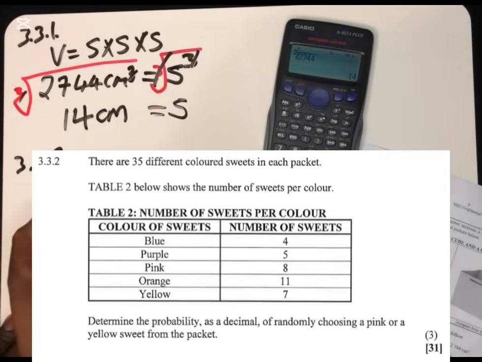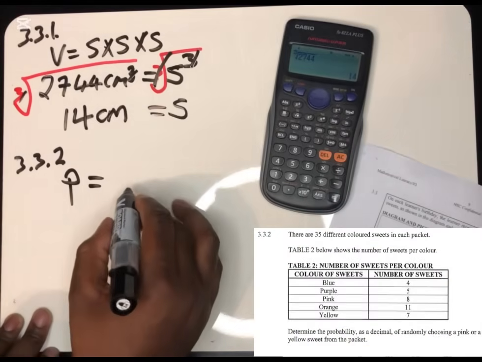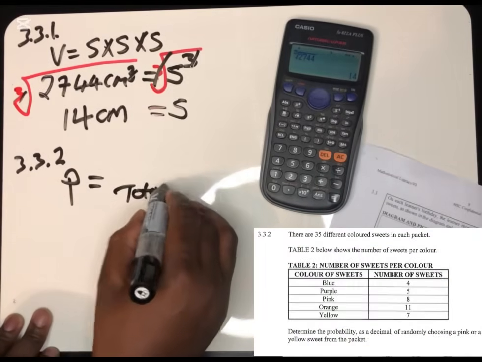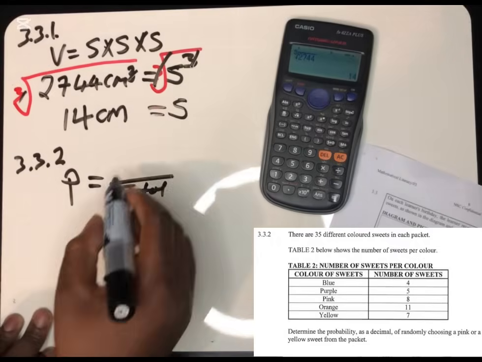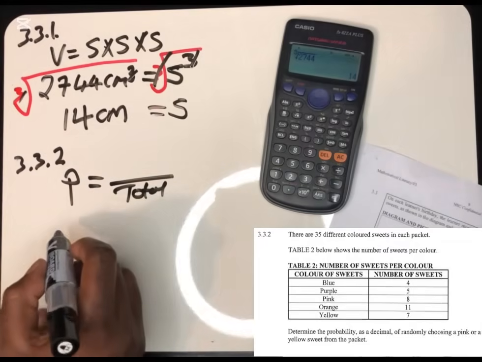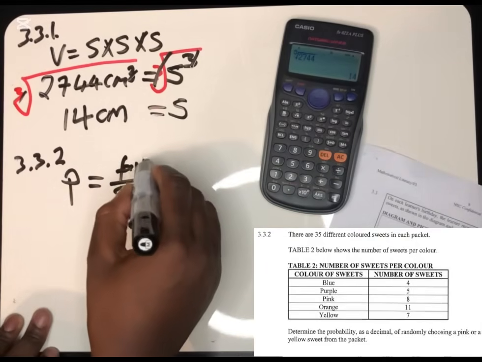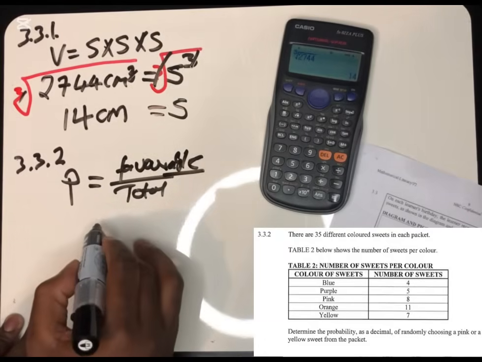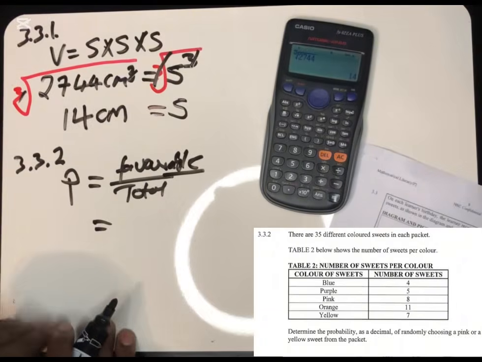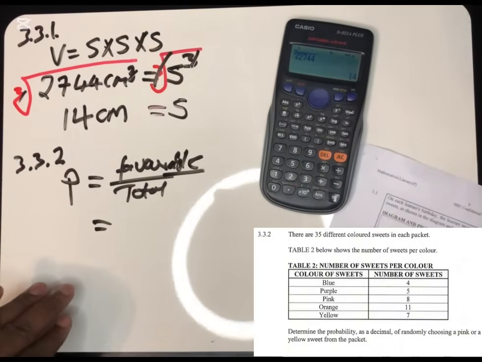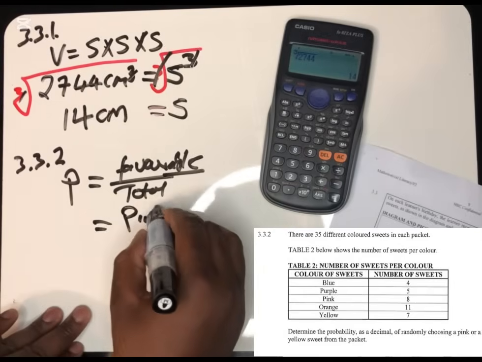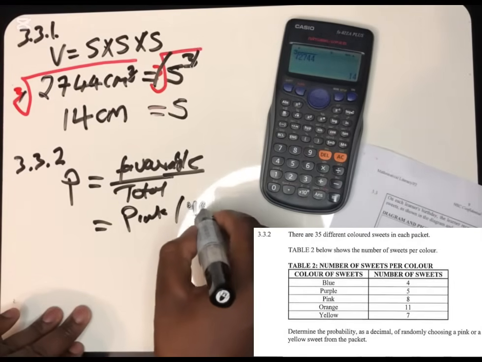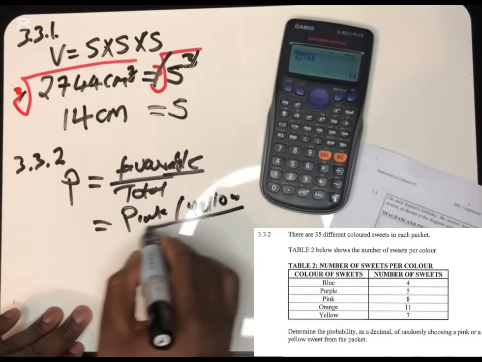So the probability is going to be the favorable outcome over the total. Don't forget the total. And then the favorable outcome here is pink or yellow, divided by the total.